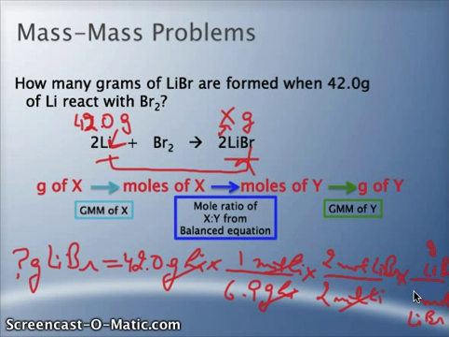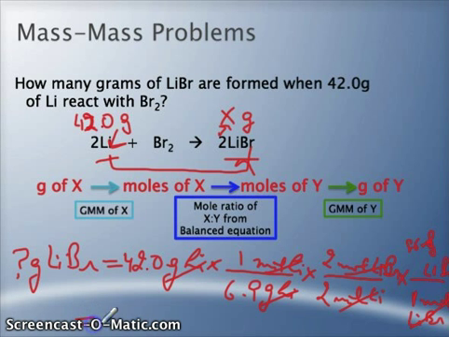Here you're talking about the GMM. So I have, for every 1 mole of LiBr, you can look up the mass, and the mass happens to be 86.8 grams. Again, now moles of lithium bromide cancel out, you're left with grams of lithium bromide.